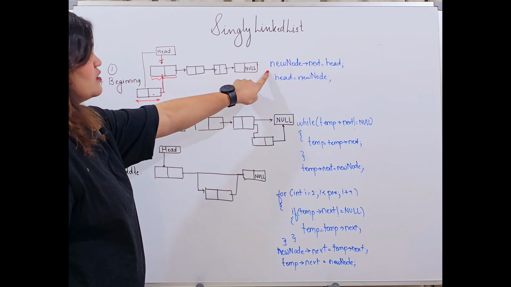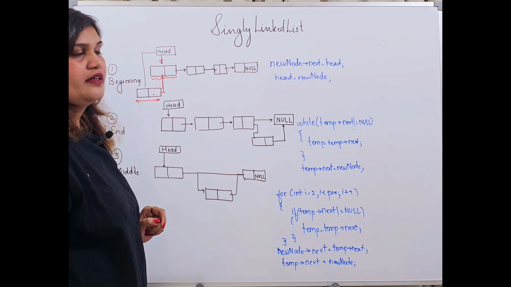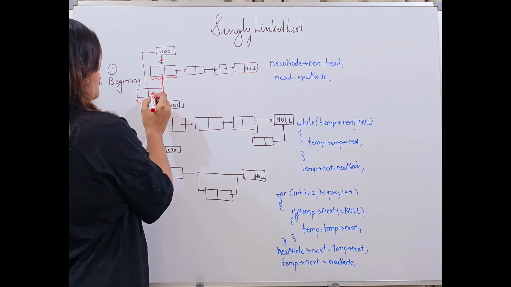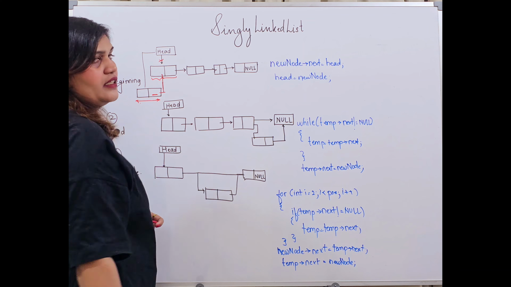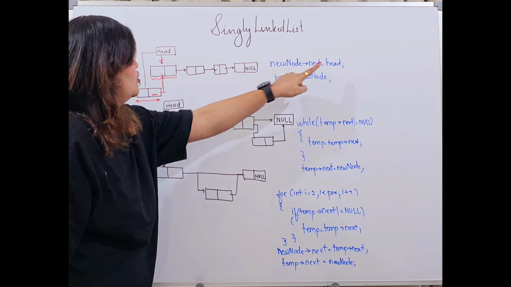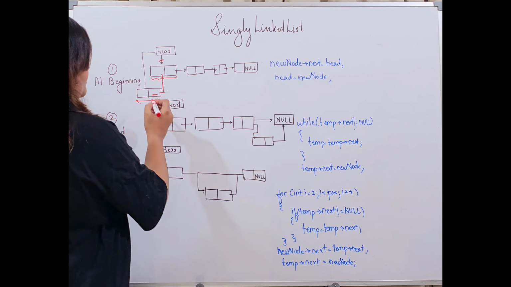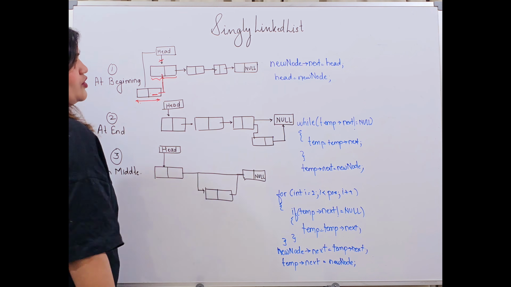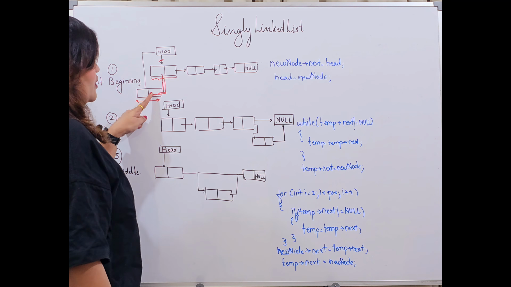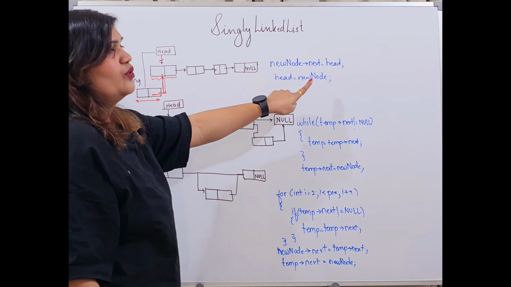Let's try to understand how you're going to do it programmatically. So here, this is your new node. New node to next. What should be there in the next of your new node? There should be head. So head value should be over here. So this connection is established. You establish this connection. After that, what do? Head equal to new node.